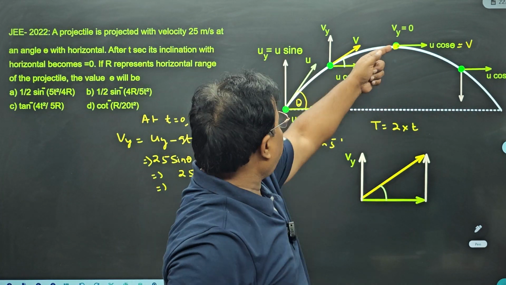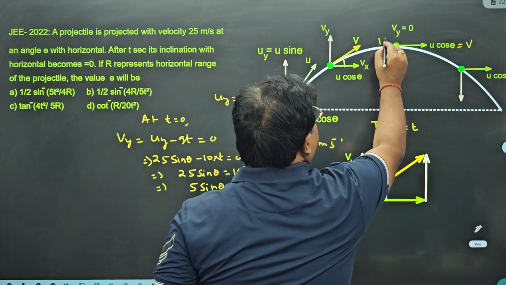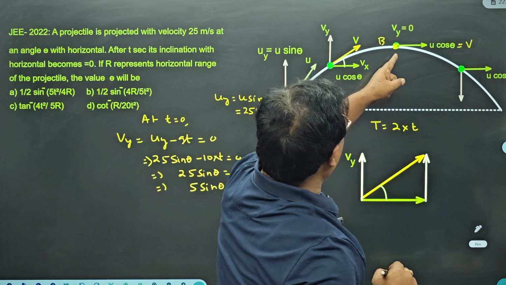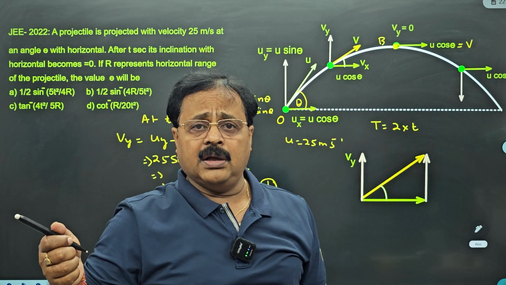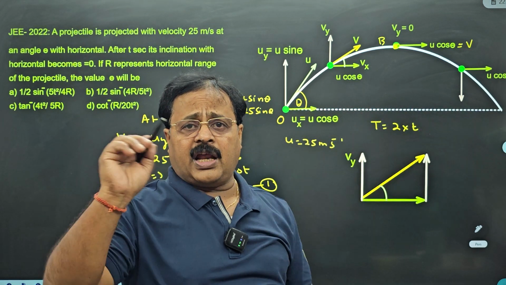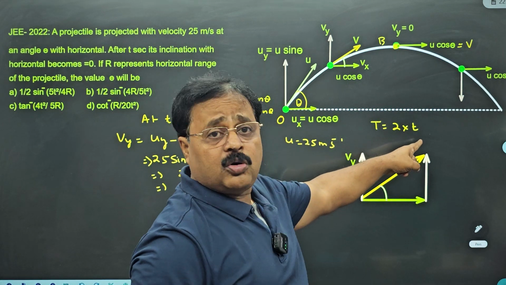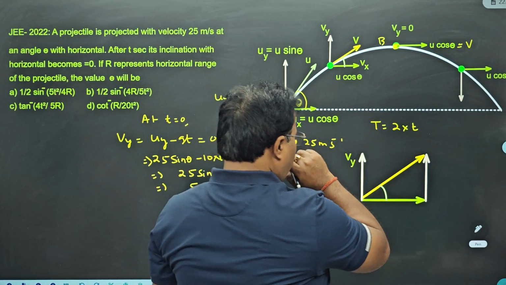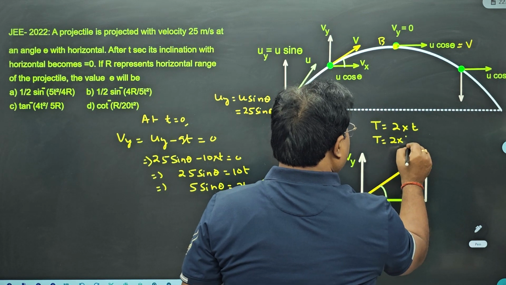It means this is the time of ascent in going from O to the highest point, which I am mentioning as B. In the question, it is given that after time t, the resultant velocity is horizontal, meaning it is the highest point. It means this must be equal to the time of ascent. Therefore, in a projectile motion, time of flight is equal to 2 times the time of ascent.